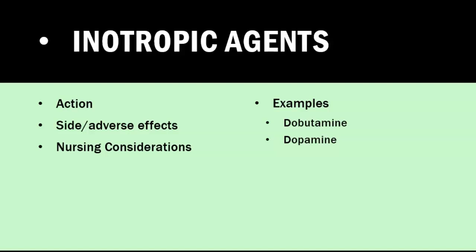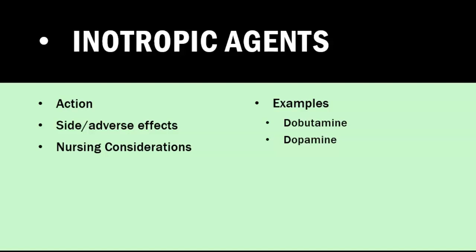The last drug for heart failure that we will talk about is your inotropic agents. The examples of these are going to be dobutamine or dopamine. Action: they dilate renal blood vessels, and this helps stimulate blood flow through the kidneys, leading to sodium and water excretion through the urine.